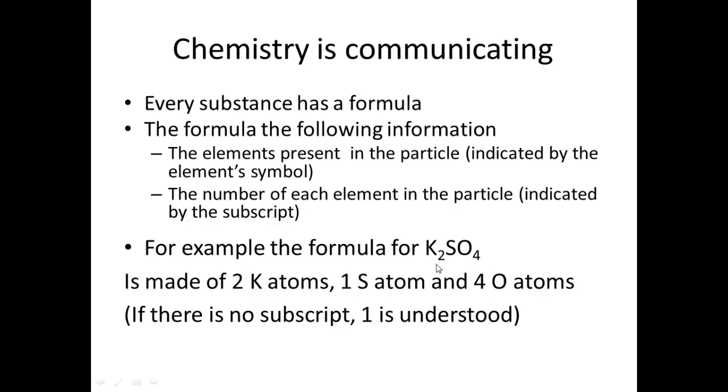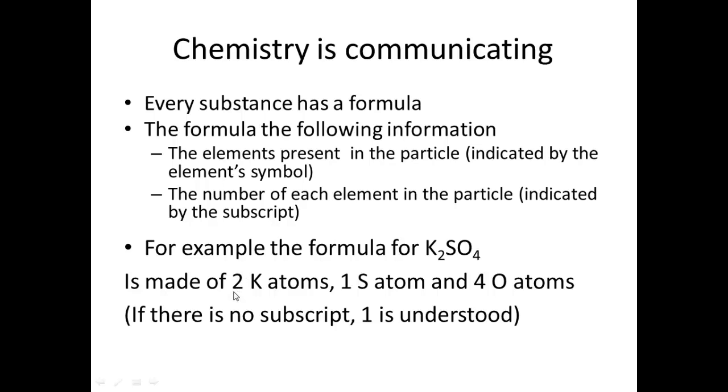That can tell us that the name of this substance is potassium sulfate. The elements that make it up are K, which is potassium, S, which is sulfur, and O, which is oxygen. Good. So that tells us the elements.